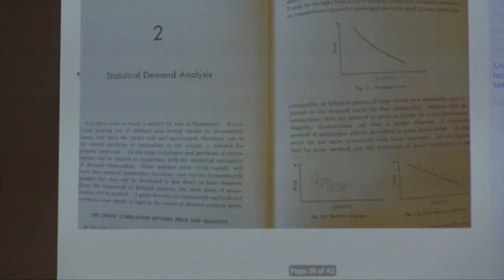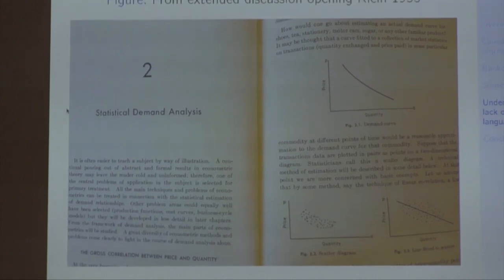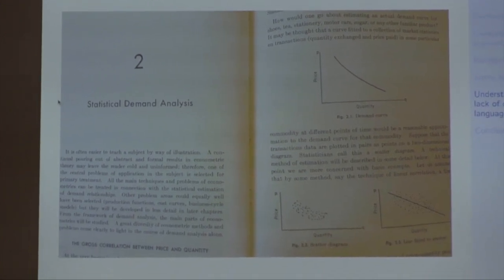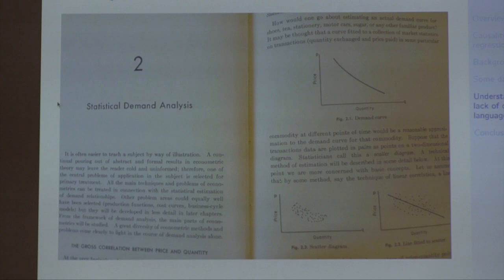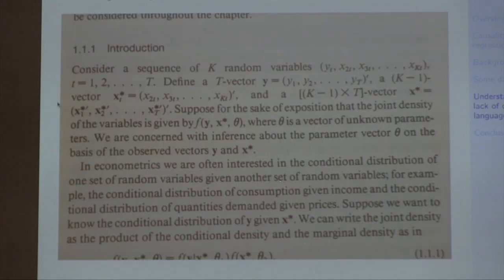So we went from this, let's look at this real world problem and start thinking about how we might use data to actually get at this real world problem, to we are concerned with inference about this parameter vector. So again, I think the 1980s are really, something has changed in econometrics teaching, where by the 1980s, econometrics textbooks had become mathematical manuals void of any actual economic content.